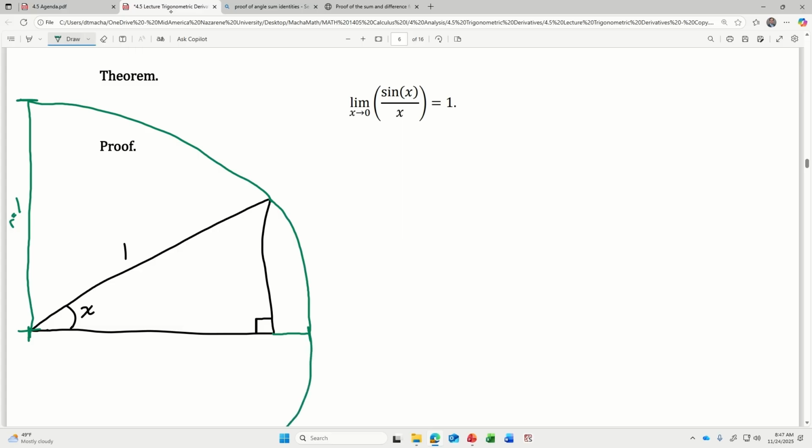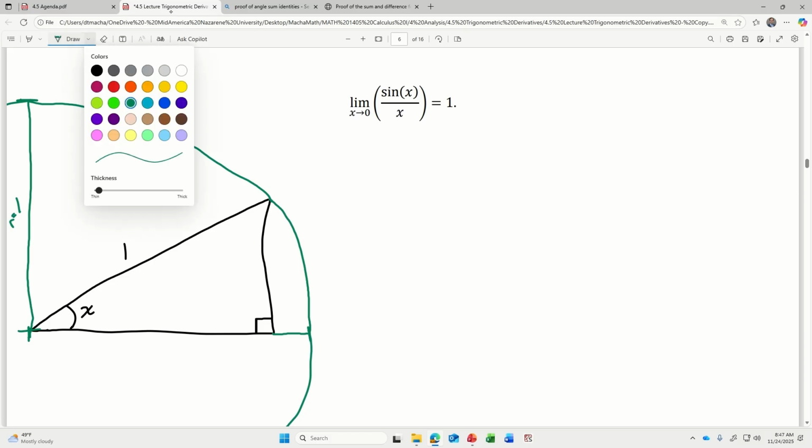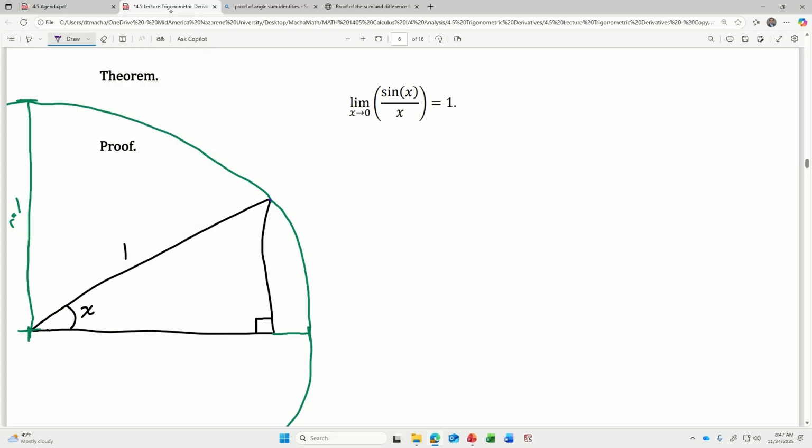And the radius of that circle is 1. And the other picture that I'm going to draw here is a tangent line from the circle out to here. And that's not as vertical as I would like it to be.